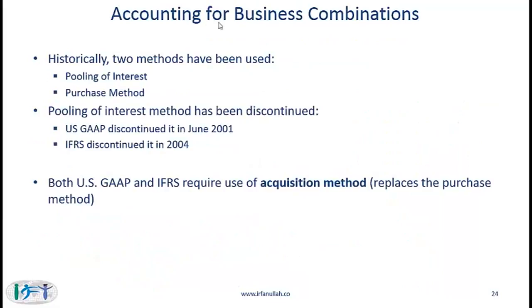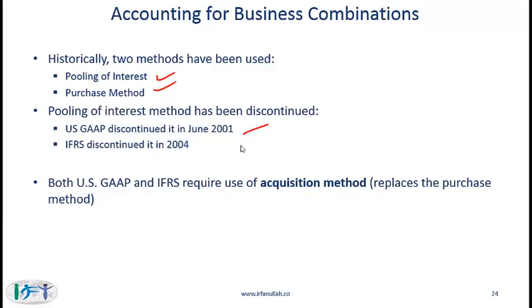How do we account for business combinations? Historically, two methods have been used: the pooling of interest method and the purchase method. The pooling of interest method has been discontinued. US GAAP discontinued it in 2001 and IFRS discontinued in 2004.